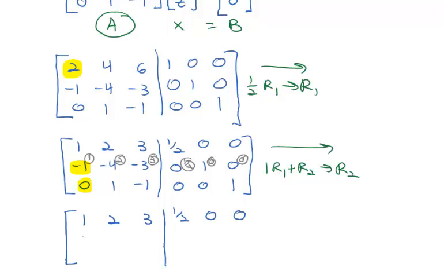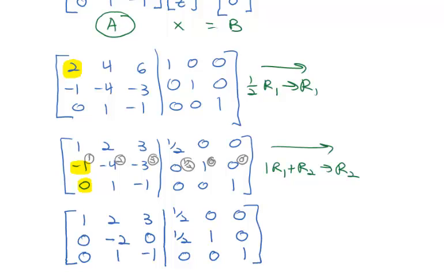The second row, when we add, negative 1 and 1 is 0. Negative 4 plus 2 is negative 2. Negative 3 plus 3 is 0. And 0 plus 1/2 is 1/2. 1 and 0 is 1. 0 and 0. The bottom row unchanged is 0, 1, negative 1, 0, 0, 1.